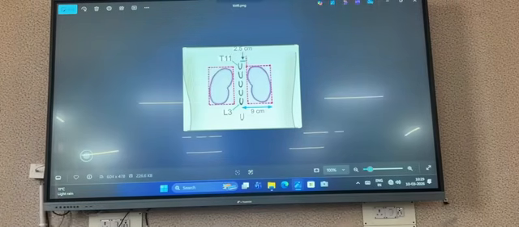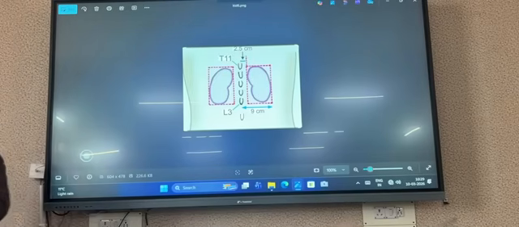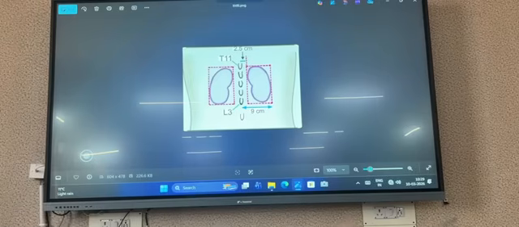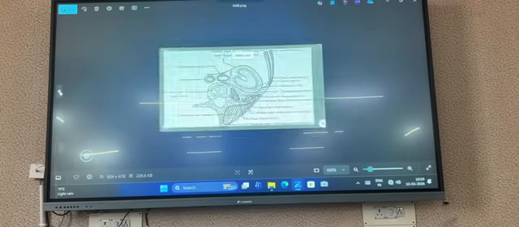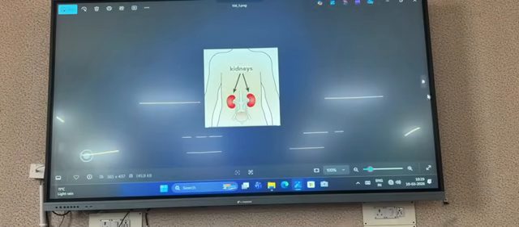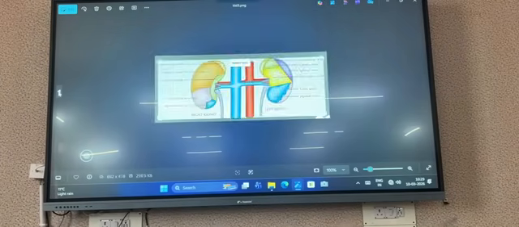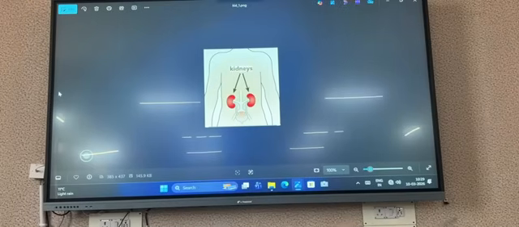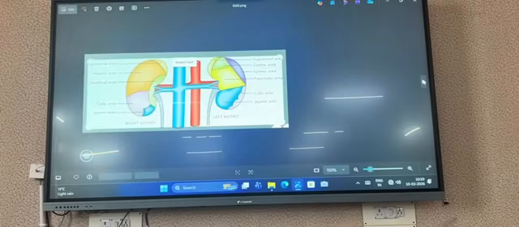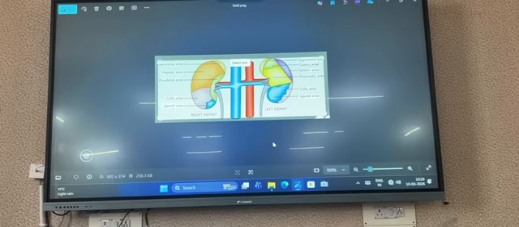Now, what is important about the kidney is that there is the renal artery and the renal vein. The renal artery supplies the kidney, and the renal vein takes blood away from the kidney. As you saw at the hilum of the kidney, there is the renal artery and the renal vein, and in this figure as well.